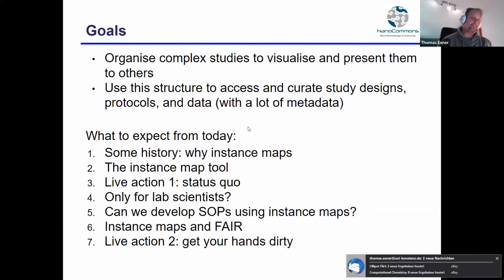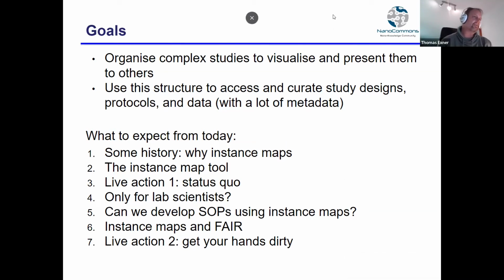Therefore, what we want to do today is have this idea of: is there a way that we can organize complex studies, the thing which Martin already showed, and then visualize it, and in that way be able to present it more easily to others, really going through that.